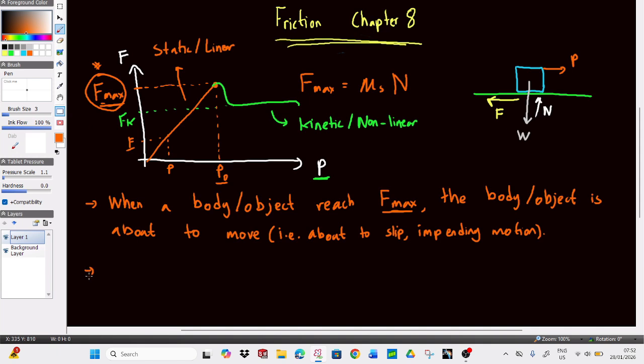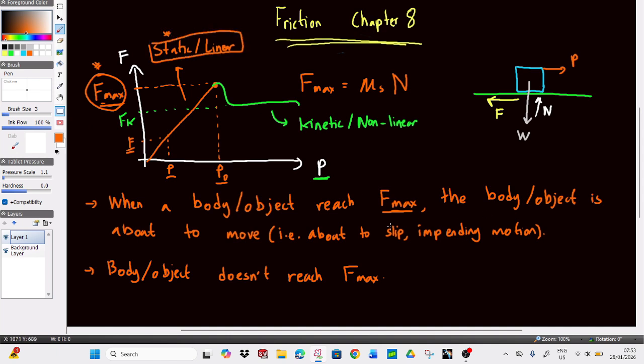And there is a case where your body or object doesn't reach F max, meaning to say that your P will reach F. So there are actually two cases that can happen in our linear model, our static case.